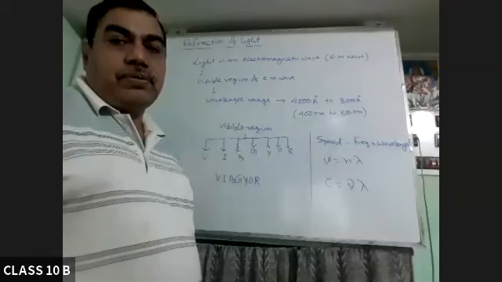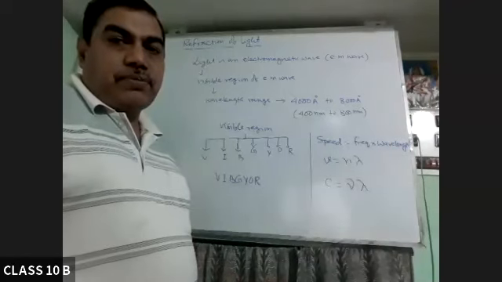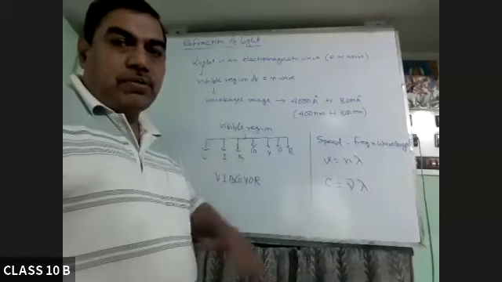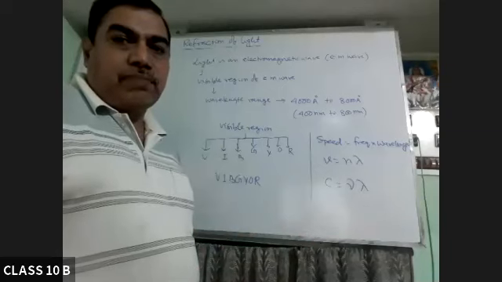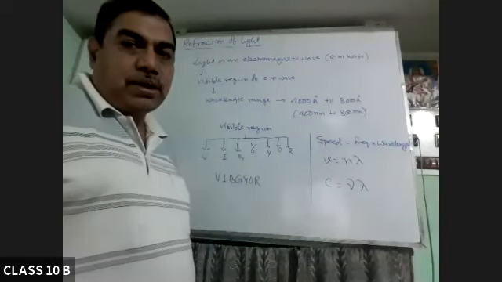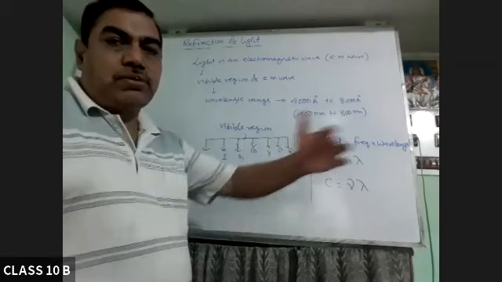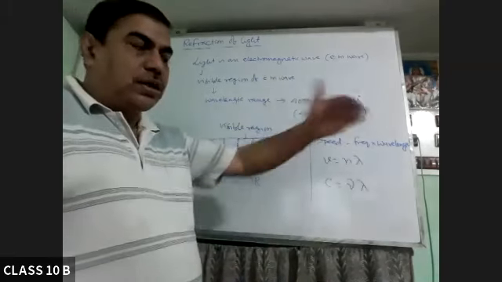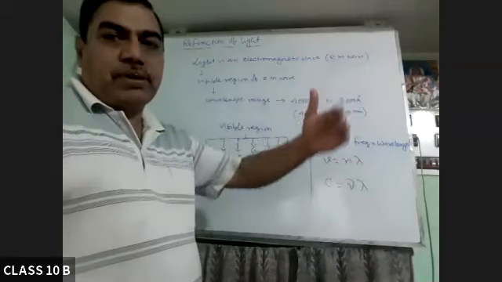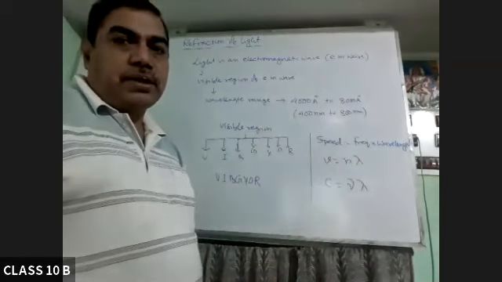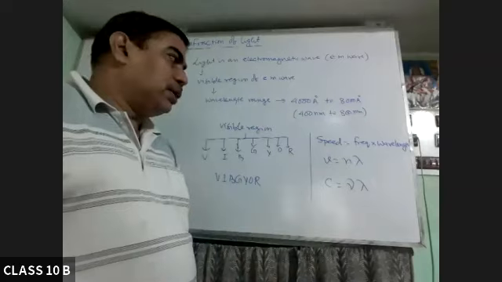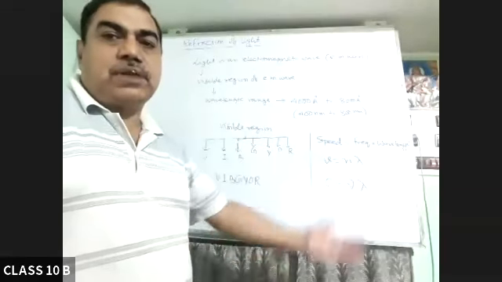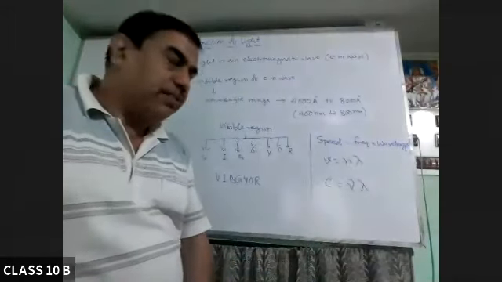Whereas in a transverse wave, like the ripples formed on water, you might have seen the rings, a crest means maximum displacement, a heap. So it is the distance between two consecutive crests or two consecutive troughs.